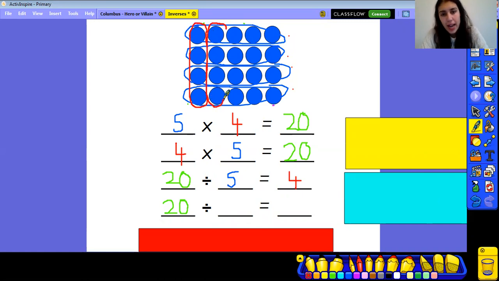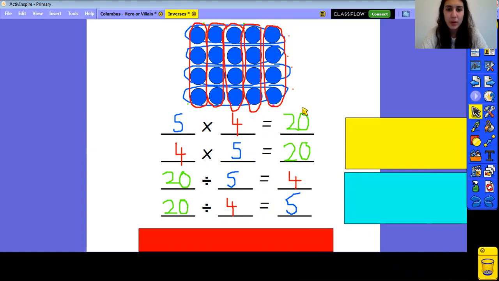So we've got 20 counters divided into groups of 4. And that would give us how many groups of 4? That's right. 20 divided into groups of 4 gives us 5 groups. And you'll notice again that for our multiplication, our whole is here at the end.